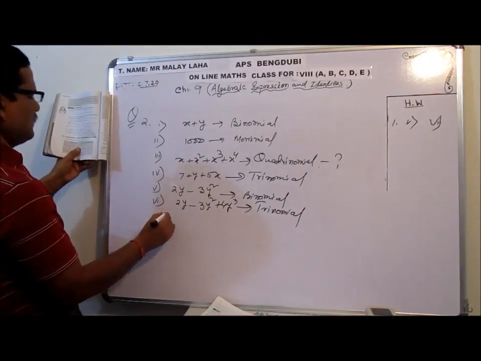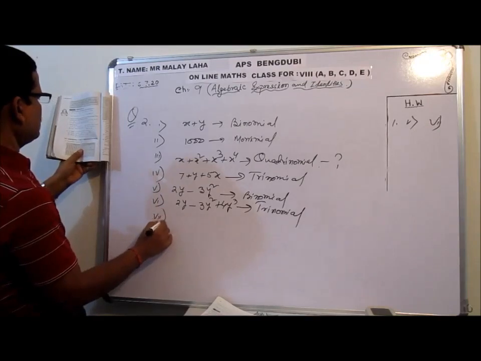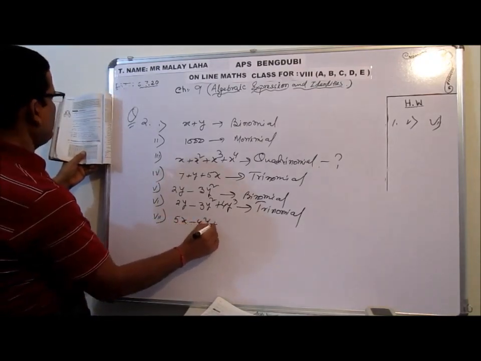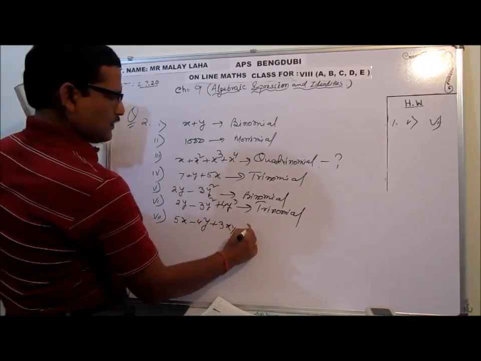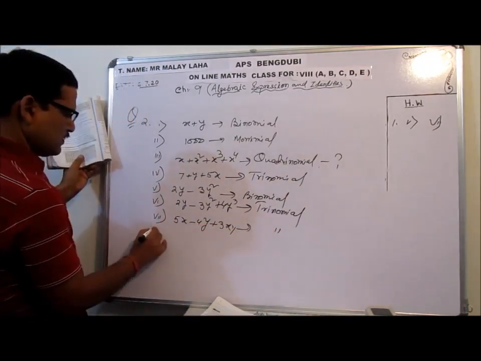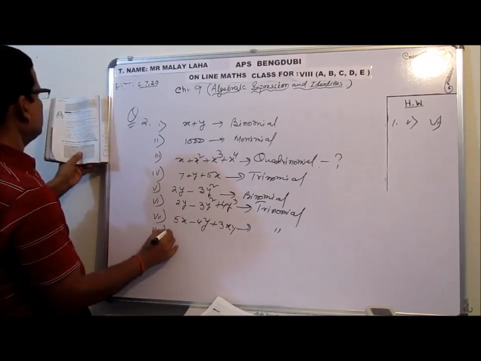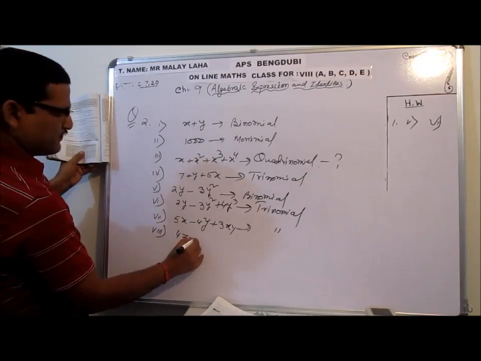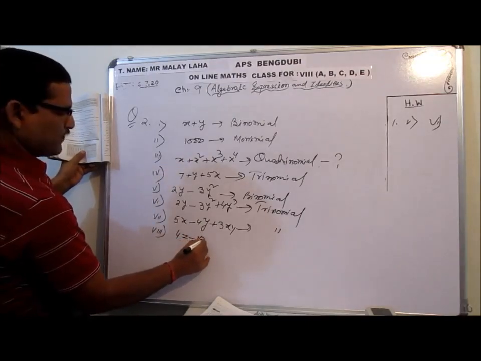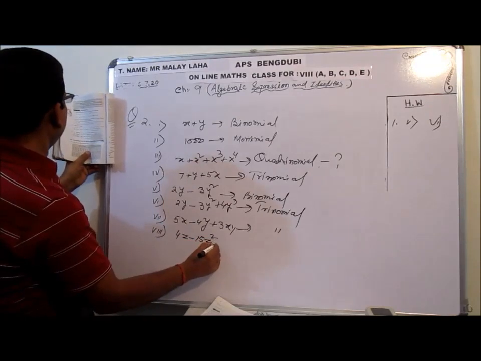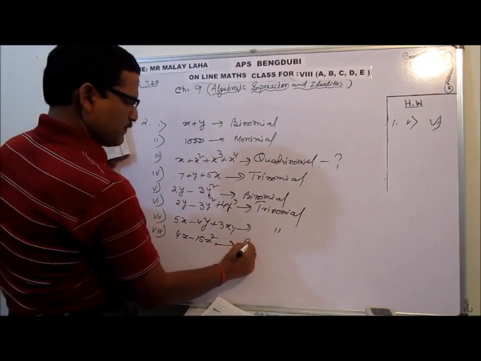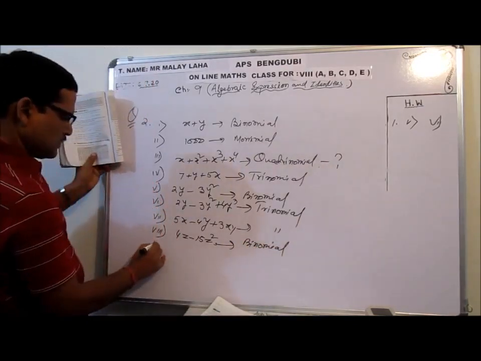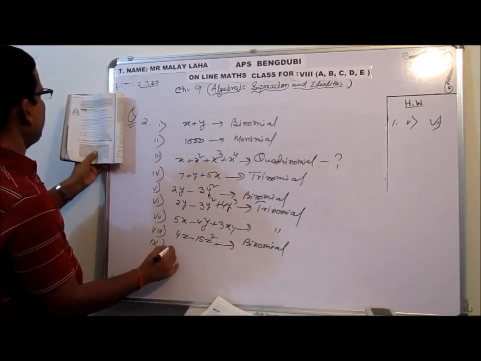Next one is 5x minus 4y plus 3xy. Same, trinomial. Next one, 4z minus 15z square. Okay? It is binomial. Next one, 9.